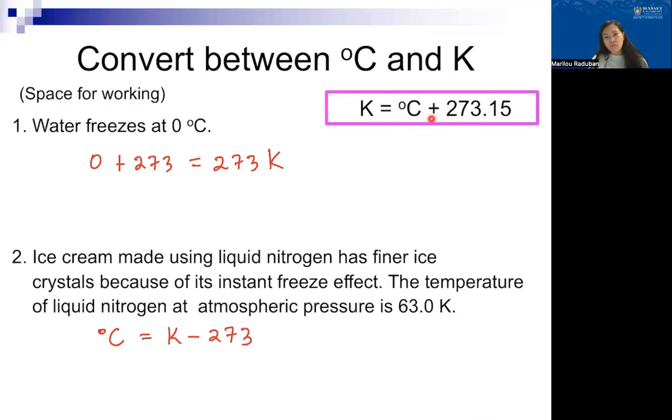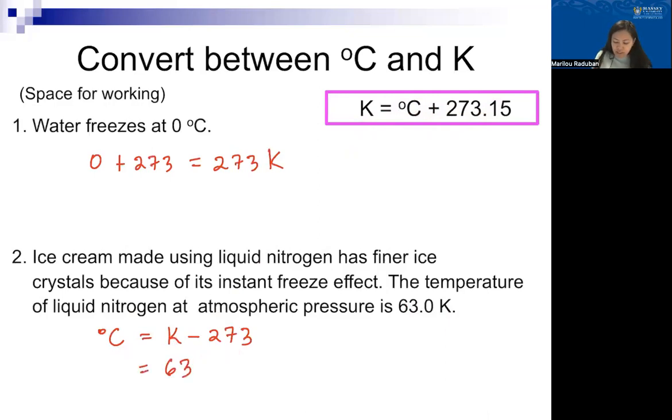So you have to do the reverse of addition, which is subtraction. You subtract 273 from both the right-hand side and the left-hand side. And so the Celsius temperature will be Kelvin minus 273.